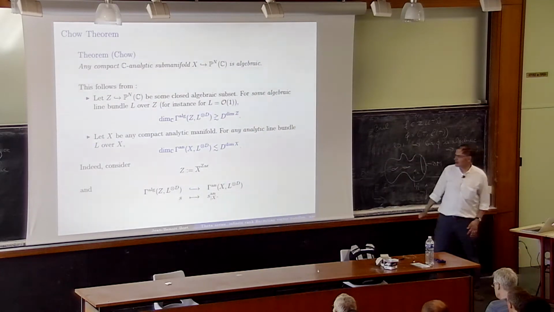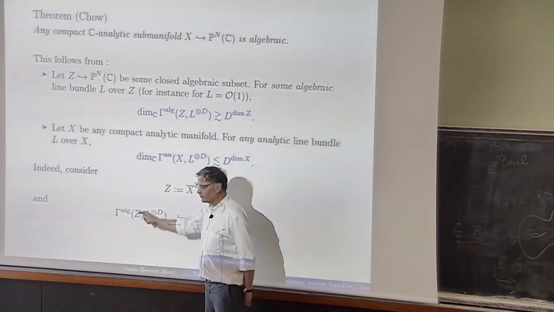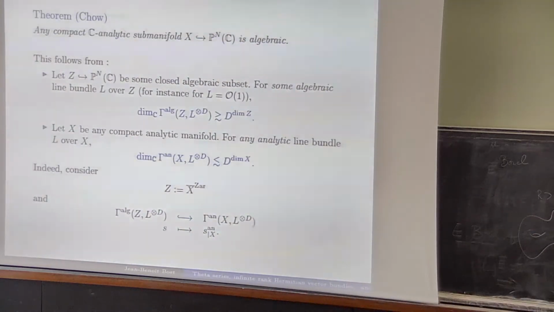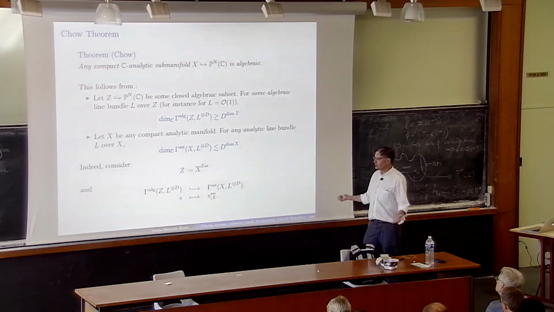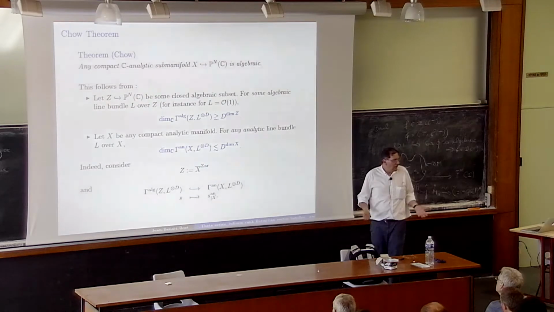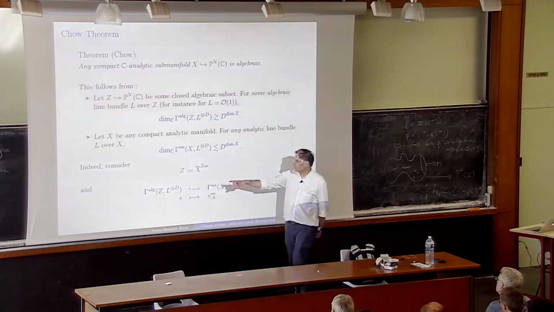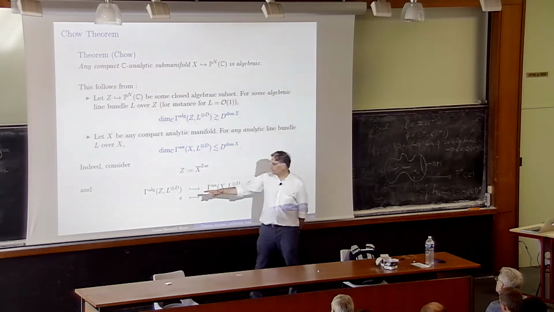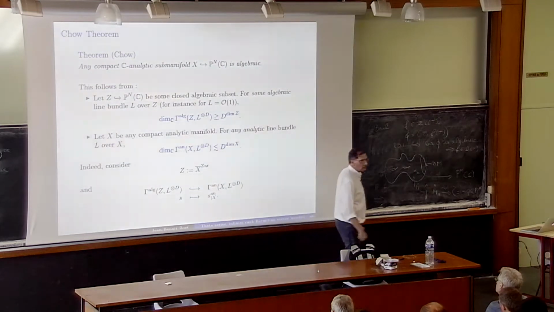And you look at the space of sections of the d-th power of L over Z. It's a finite dimensional space. If you take any such algebraic section, you may restrict it to X. It will be a nice analytic section. And by the very definition of Z as the Zariski closure of X, if S vanishes on X, it has to vanish on Z. So this map is injective.